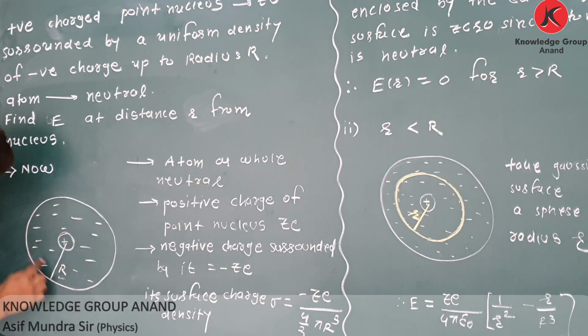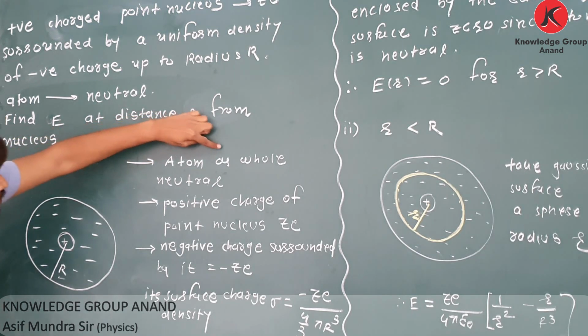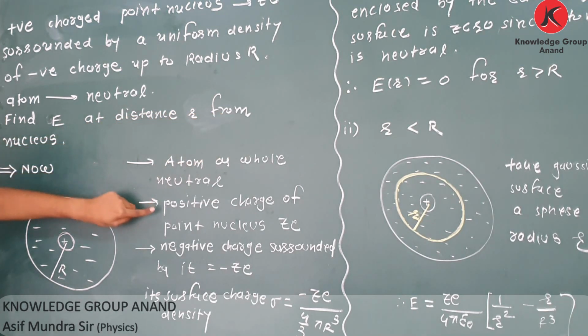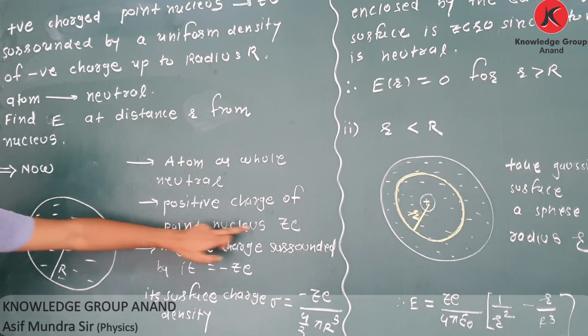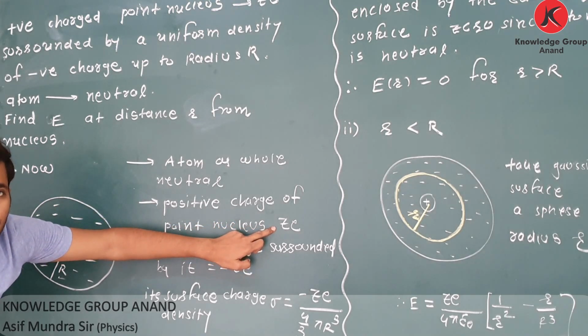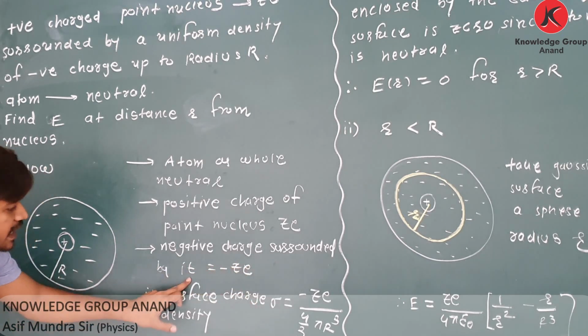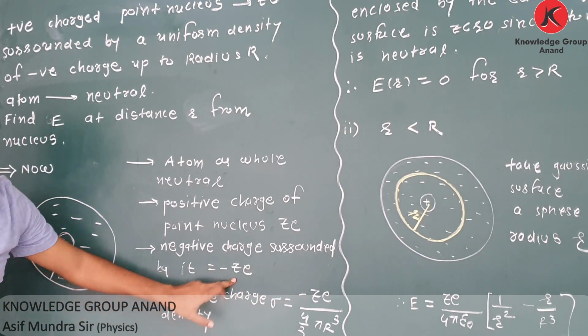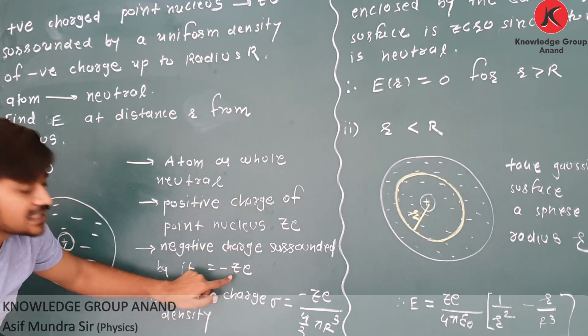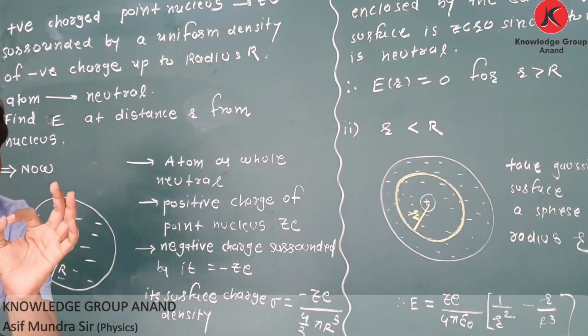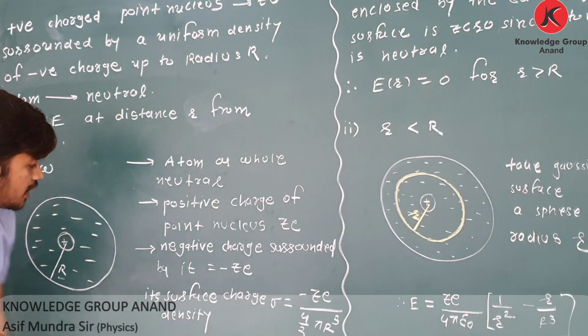You are also given that the atom as a whole is neutral. The positive charge of the point nucleus is Ze, so to make it neutral, what is the negative charge surrounding it? Minus Ze. Ze minus Ze, the total charge will be 0. The atom as a whole is neutral.